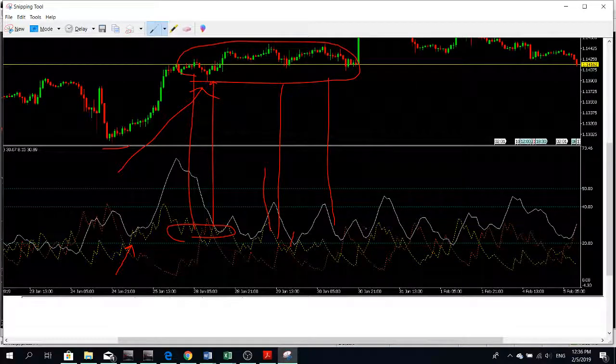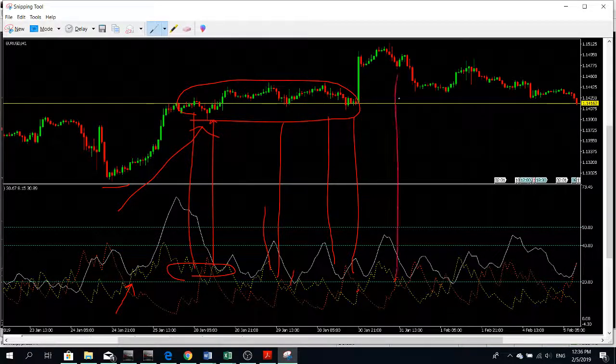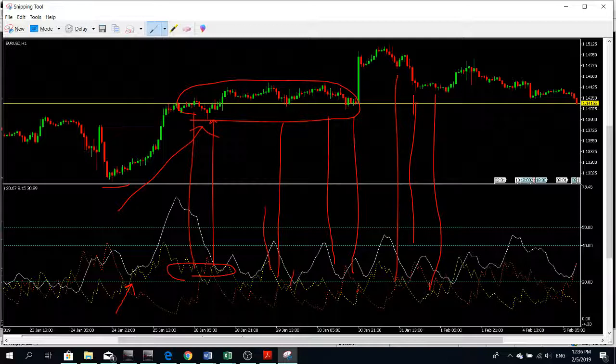So here again we have a buy signal, which should be closed here, because DI plus crosses DI minus from above. It means the sell. So if you bought here, you can close your position here. Again, here there is a sell signal, but you have to close your position here because it crossed.